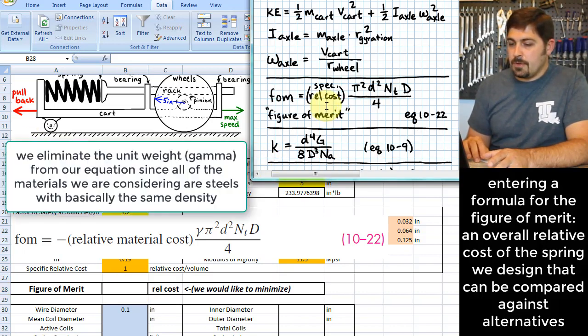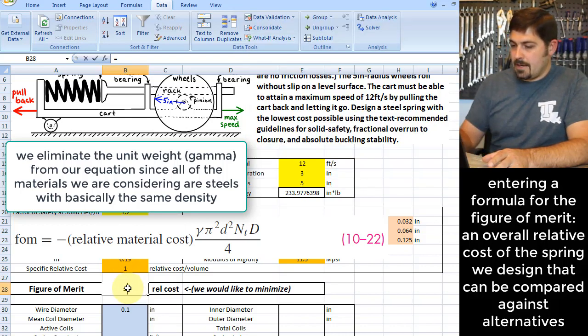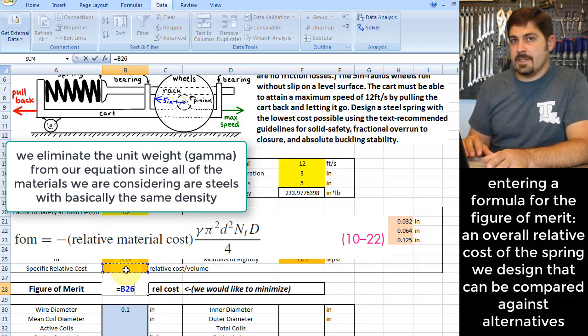First thing you do is you take the specific relative cost. That's what's given in the table for material strengths. So I'm going to go ahead and let this equal that value. And you might notice here in the textbook it has this as a negative number.